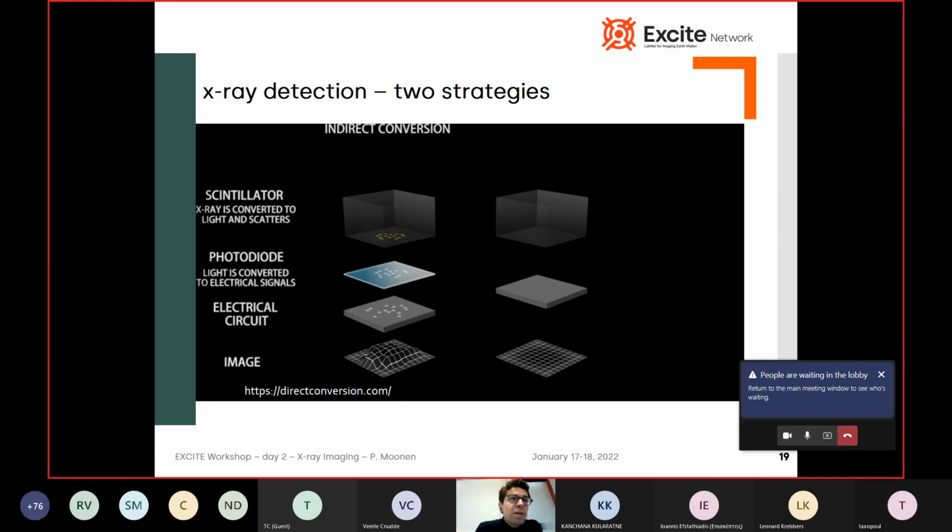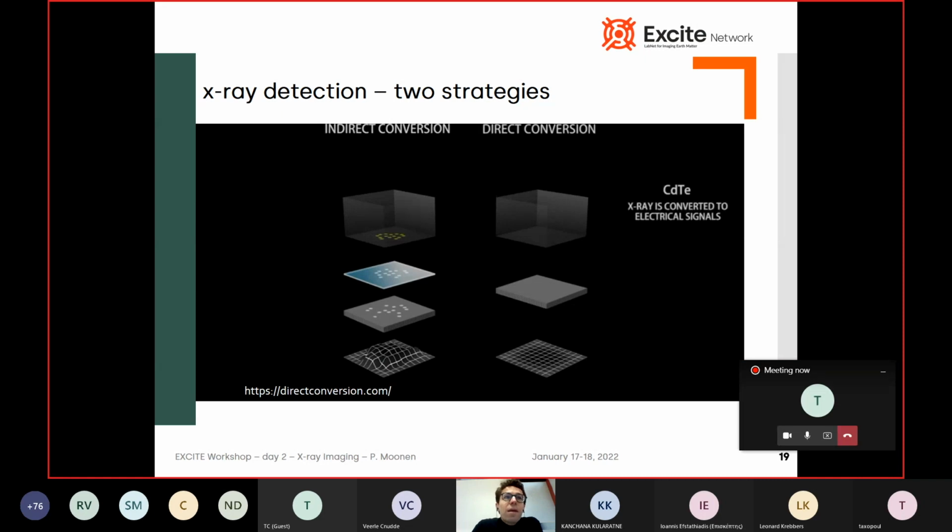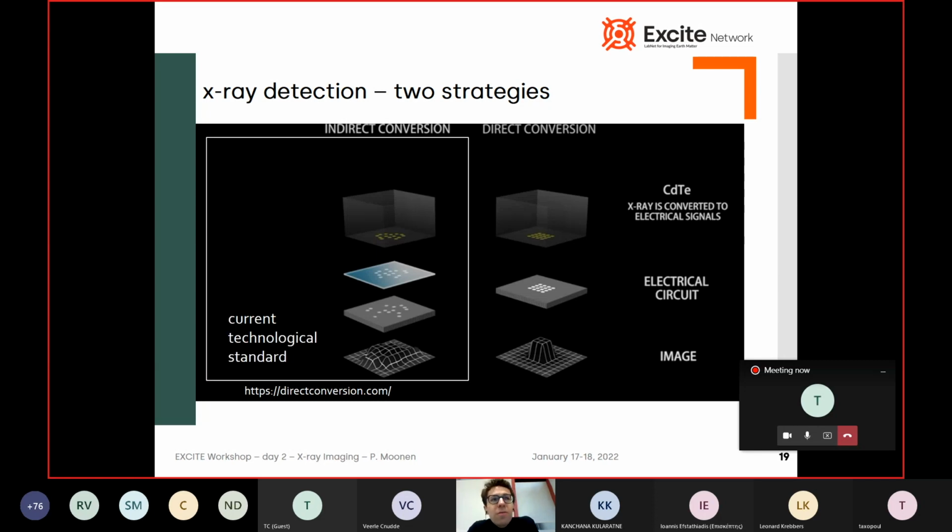As opposed to this strategy, you have the direct conversion, which is illustrated here, where photons are directly converted into an image. Obviously, direct conversion has some advantages because there is one conversion less. You can have images that are neater and of higher quality. However, the only thing currently implemented in commercial equipment is the indirect conversion.